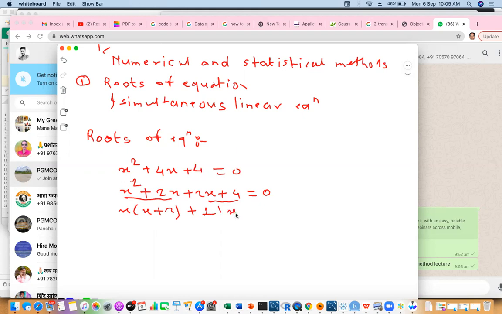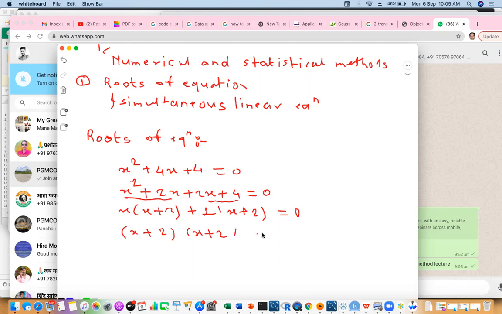Then here it is x plus 2 is equal to 0. Now we will have x plus 2 common from both the terms.